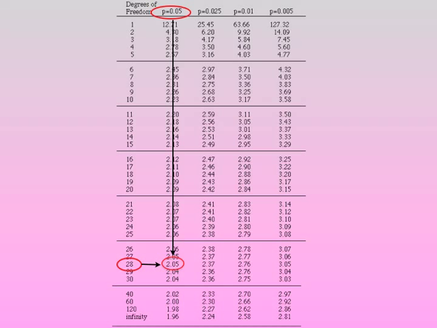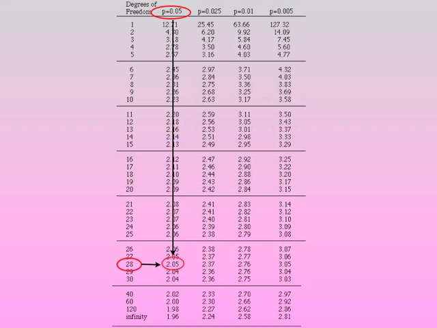Remember that the smaller the value for p, the higher confidence there is. But because we are talking about biology, and biology has a lot of variation to begin with, we are always going to be using the value for p equals 0.05.